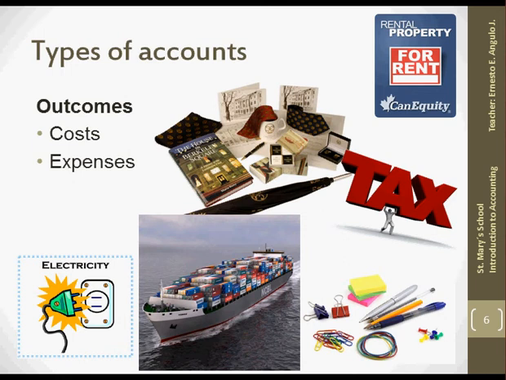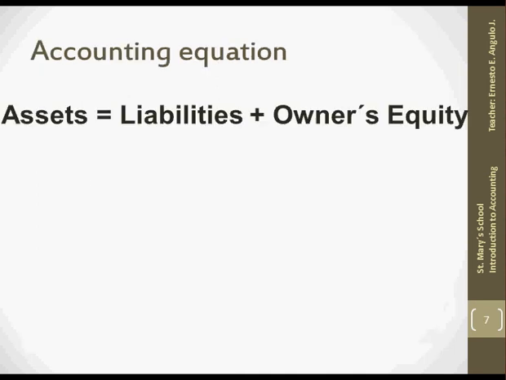Now, the groups of accounts define if the account increases by the debit or the credit side. Let's take a look at the basic accounting equation. Assets equal the liabilities plus the owner's equity.